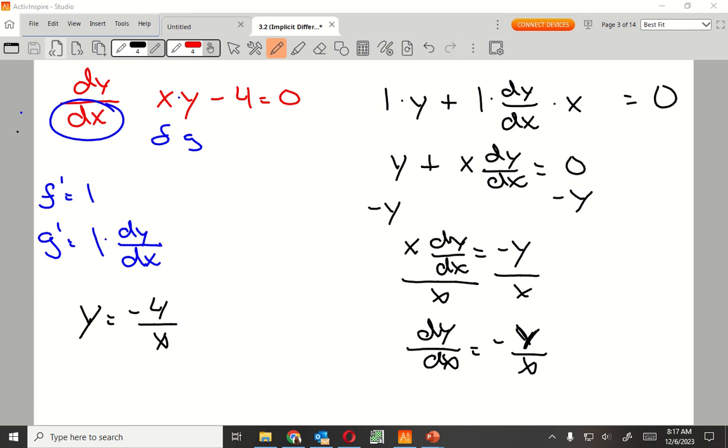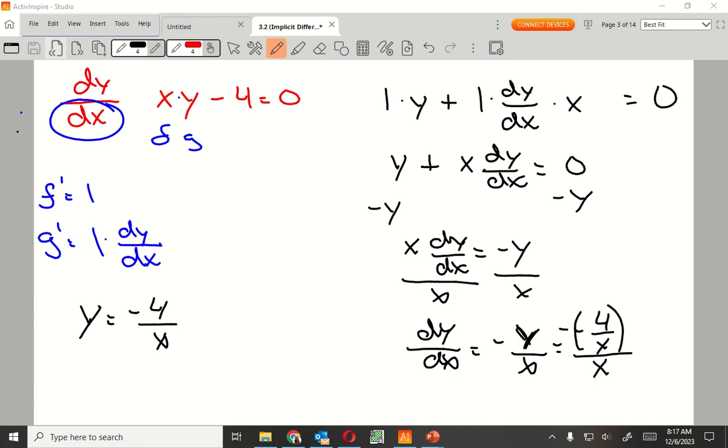So by doing that, let's see. I'm replacing the y. I have negative 4 over x divided by x, right? No, there's another negative. Oh, there's another negative, right? There we go. Like that, right?